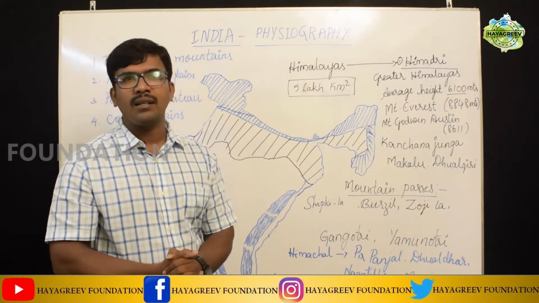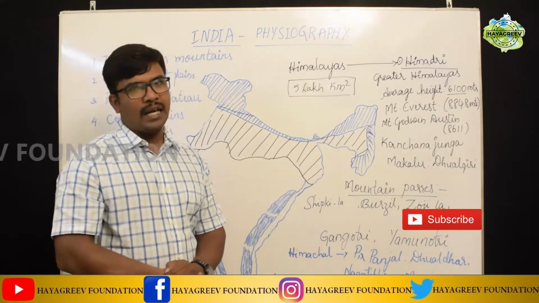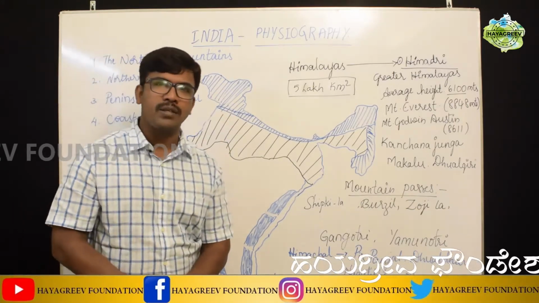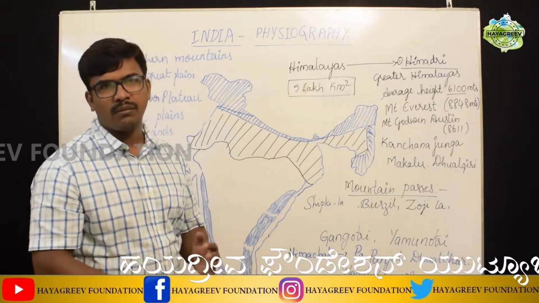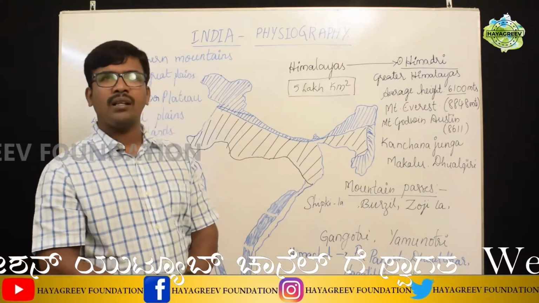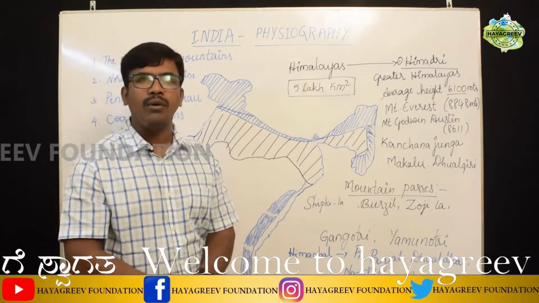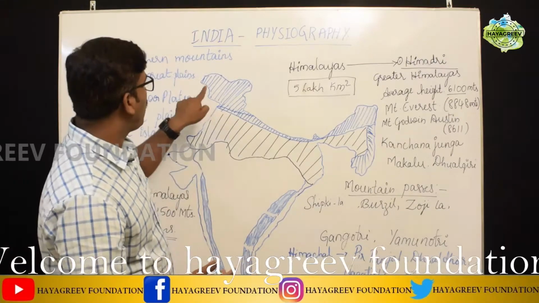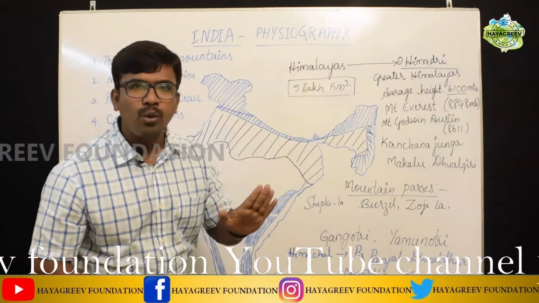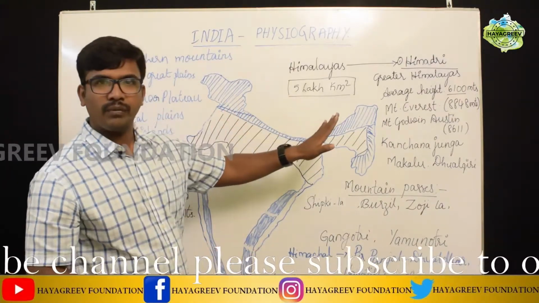Students, let us discuss the divisions of India one by one. The very first one is the northern mountains, which are nothing but the Himalayan ranges. As you all know, the Himalayas are young fold mountains which extend from the Indus Gorge to the Brahmaputra Gorge, almost 2,400 kilometers in length.